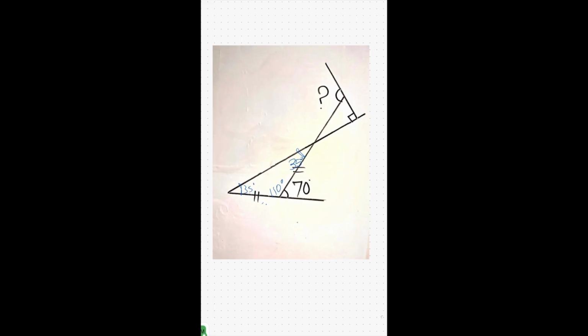So now we can move over to this triangle, and we know that if I have crossed lines like this right here, I know that the opposite angle here is a vertical angle, so it's the same as that one, 35 degrees. So now we know a couple of things about this triangle.